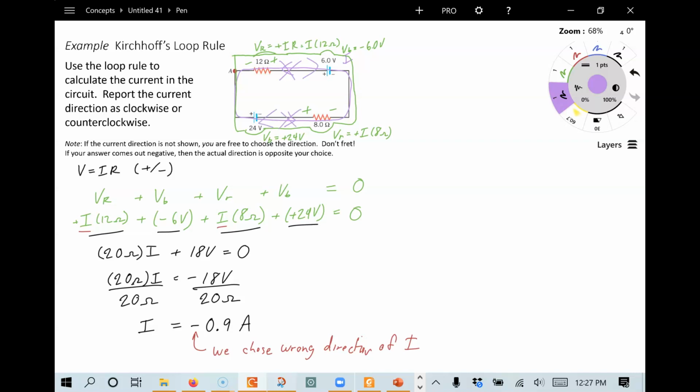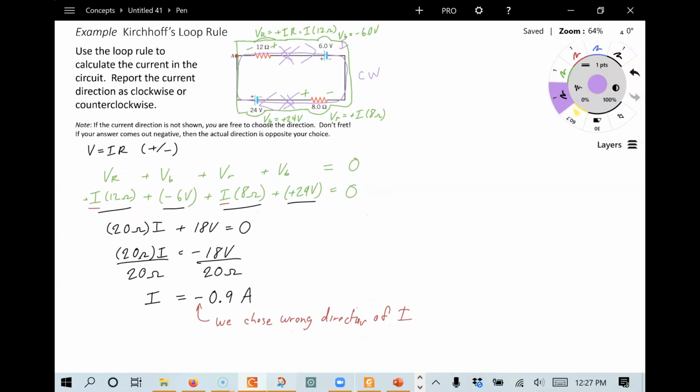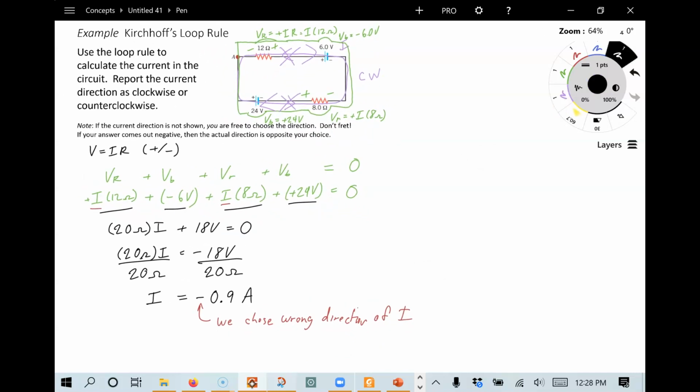In other words, the current is going clockwise. And if we want to write our answer here, we can just write down the positive value. We always make the currents positive here. The negative sign just told us we picked the wrong direction. That's all. That's how you do Kirchhoff's loop rule.